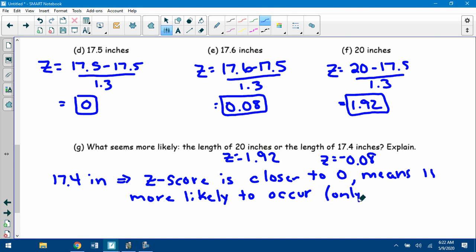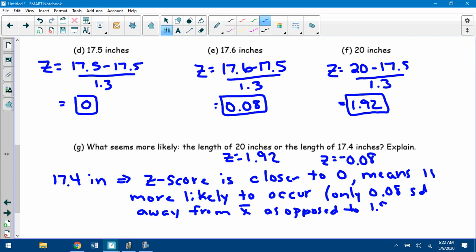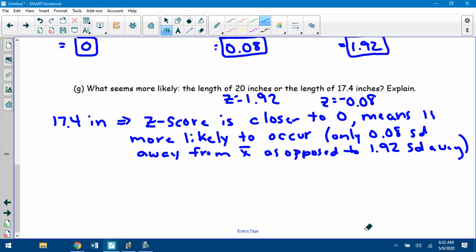In this case, it's only 0.08 standard deviations away from the mean, as opposed to 1.92 standard deviations away. And if it helps you to think of the visual too, there's your chart. There's X bar, that's the middle. So a z-score of 1.92 would be all the way up here, not many values up there, whereas a z-score of negative 0.08, way more likely to occur.